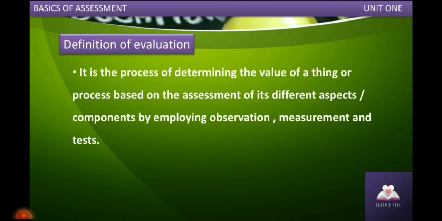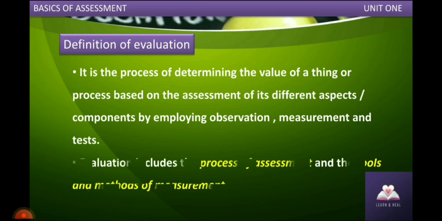It is a process of determining the value of a thing or a process based on the assessment of its different aspects by employing observation, measurement and test. Evaluation includes the process of assessment as well as the tools and methods of measurement. All these three things, evaluation, measurement and assessment, are needed to assess the progress of a child.